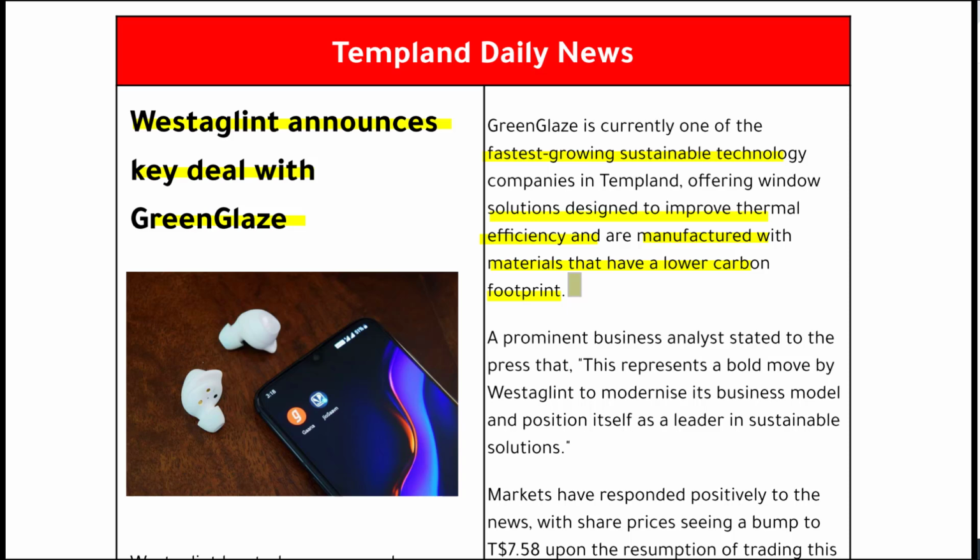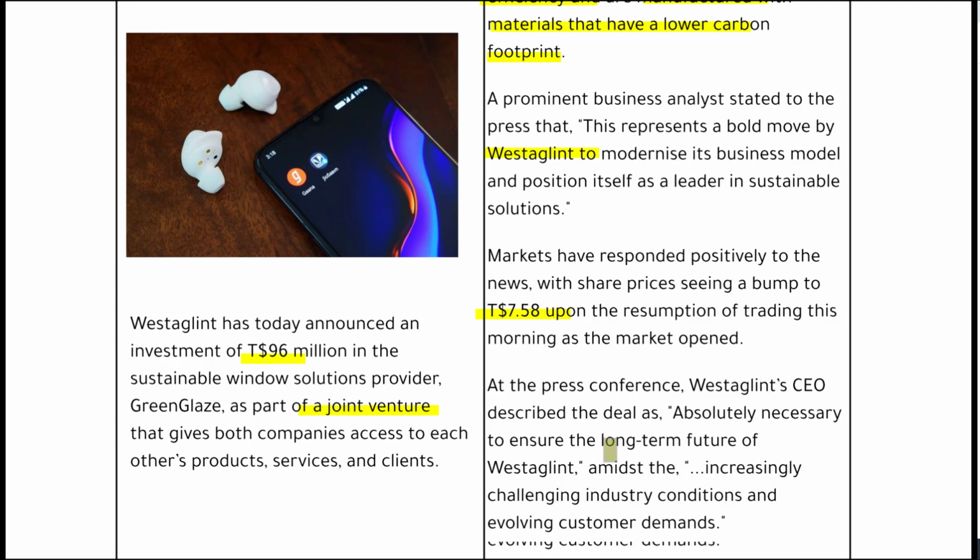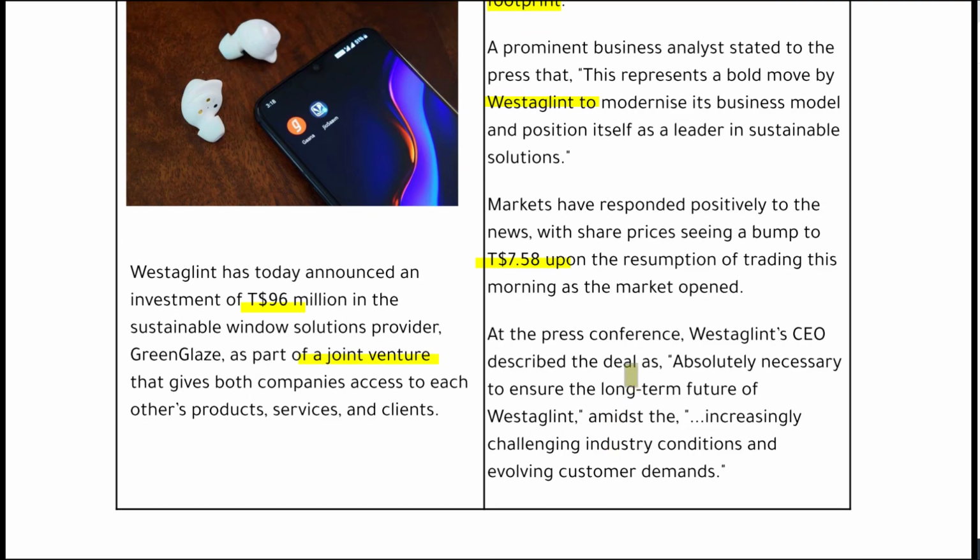They're going to manufacture in a less intense way, so it's emitting less carbon emissions, and also their final product is really efficient, really good at holding in the heat. So that is a double whammy for a company like us that prides itself, markets itself, brands itself on being the best. Okay, business model, it's very brave of Westerglint. Markets responded positively, shares have gone up, and the CEO is very happy, as you would imagine.